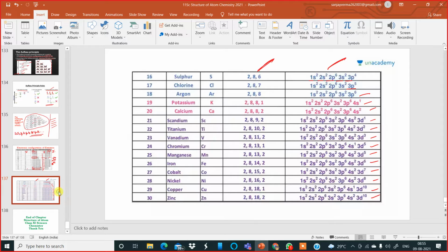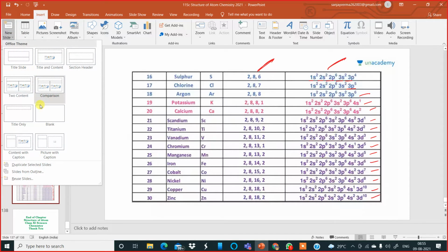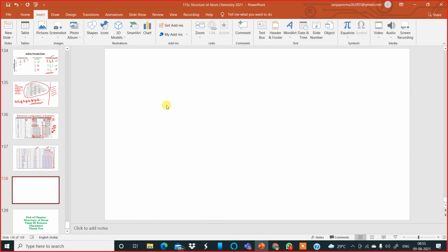Now let me introduce a slide over here just to explain this electronic configuration. Scandium, titanium, vanadium, chromium, manganese, iron, cobalt, nickel, copper, and zinc. Now, how to remember? First step, learn these 10 element symbols by heart.